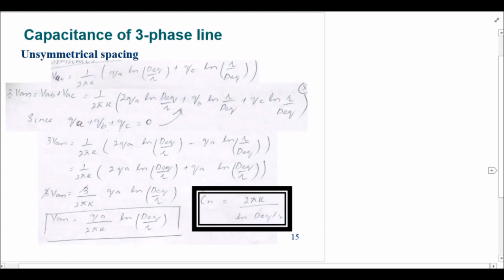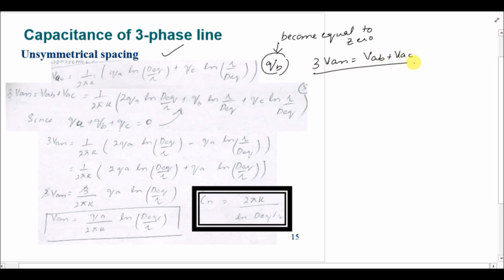Now using the same methodology, we can calculate VAC, which does not have any QB value, because this will become equal to 0. And from the last discussion, 3 VAN is equal to VAB plus VAC. I have solved this equation in the last lecture where I derived the formula for the symmetrically spaced three-phase conductor.